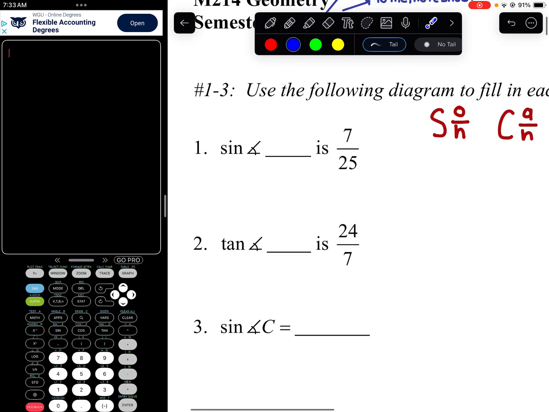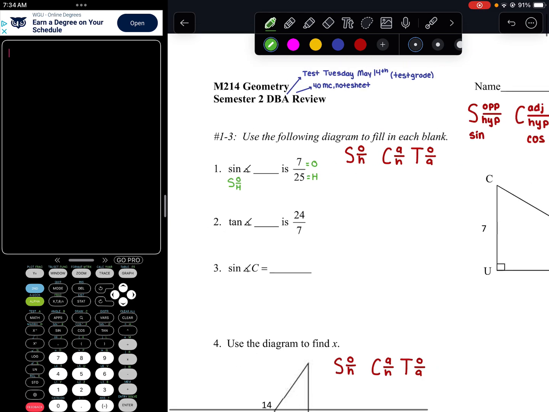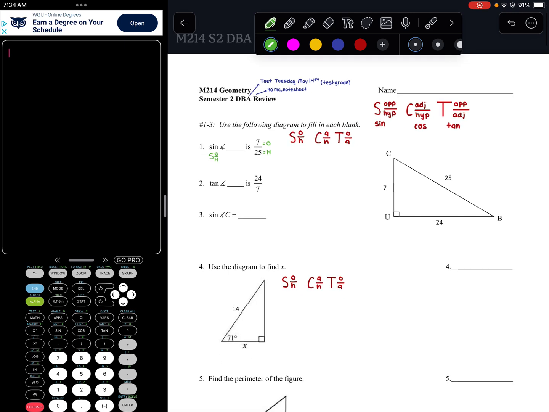So remember, S stands for sine, and sine uses the acronym SOH, which means that 7 is supposed to be the opposite side and 25 is supposed to be the hypotenuse. So if I label 7 as the opposite side and 25 as the hypotenuse, they want to know which letter makes this true.